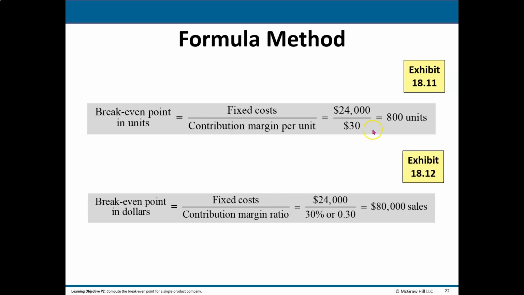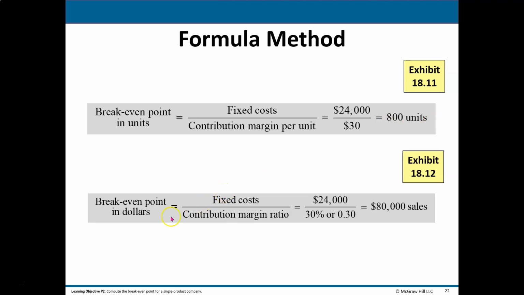Now, when I do that, I'm going to calculate 800 units. So 800 units are what I need to sell just to break even and take all my costs into account for selling footballs. So I need to sell 800 units to cover all my costs, either variable or fixed.